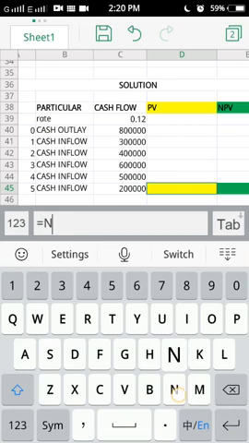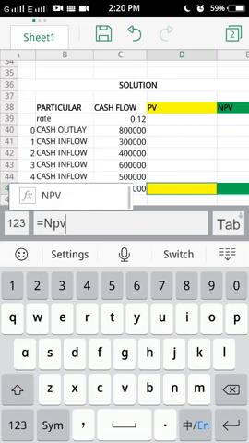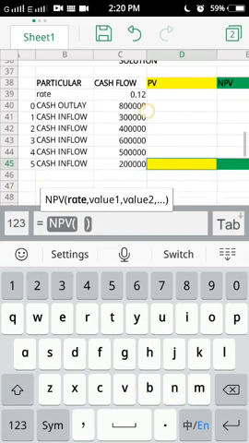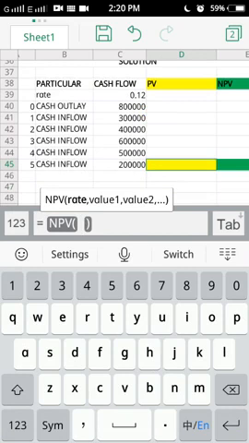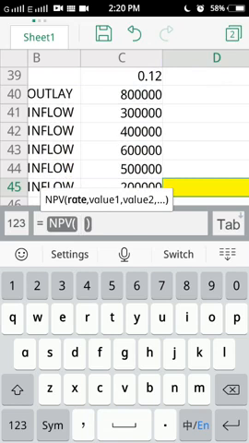Bring in our NPV function. When that comes up, you click on that. And then what goes next is the rate. As you can see here in the formula bar is the rate. Our rate is on cell address C39. You can see that very well. So we'll click on that.